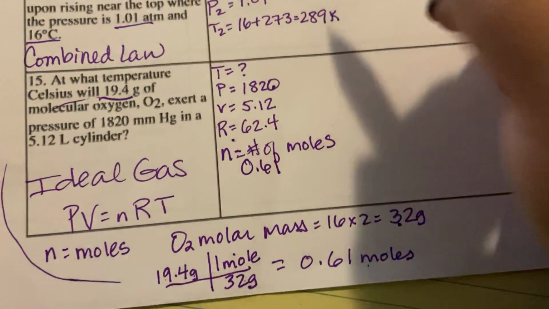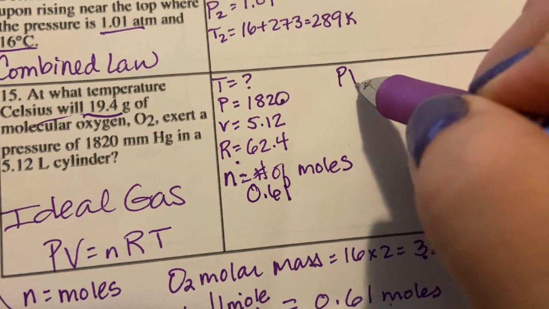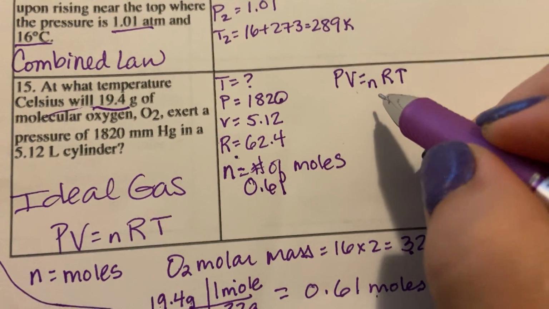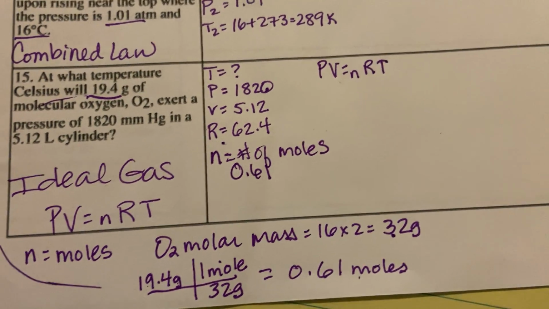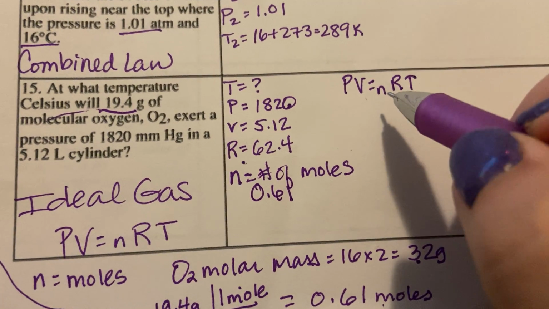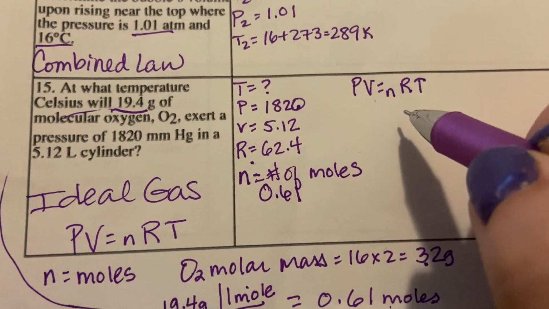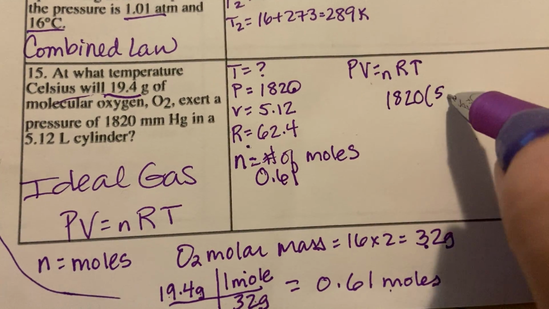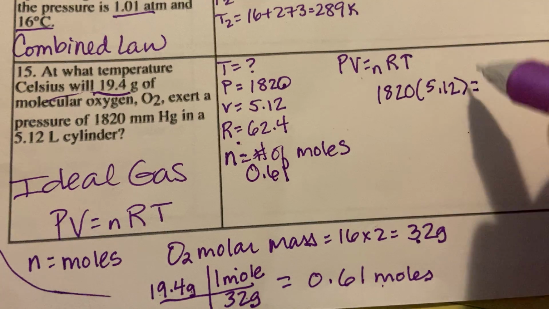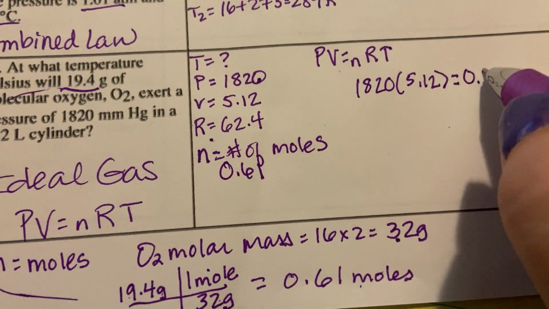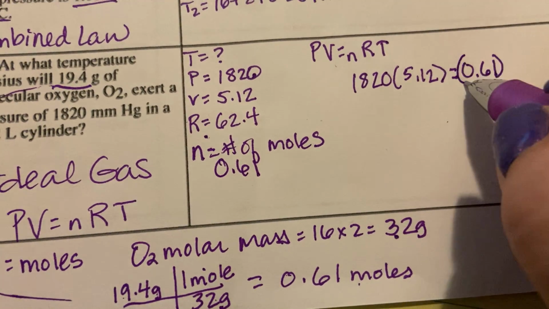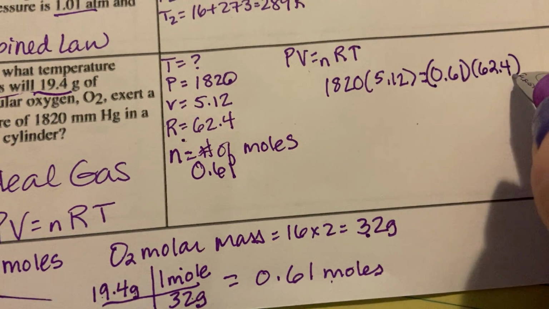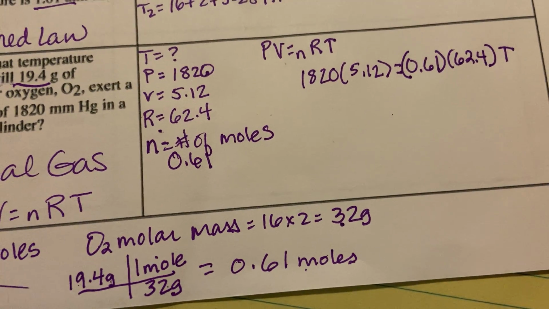Okay, so my formula is PV equals nRT. Okay, so I'm just going to plug it in straight. You can rearrange the formula first if you like, but I like to solve it afterwards normally. So pressure is 1820 times the volume, which is 5.12, equals n, which we know is 0.61, times R, which is 62.4, times temperature, which is what we don't know.